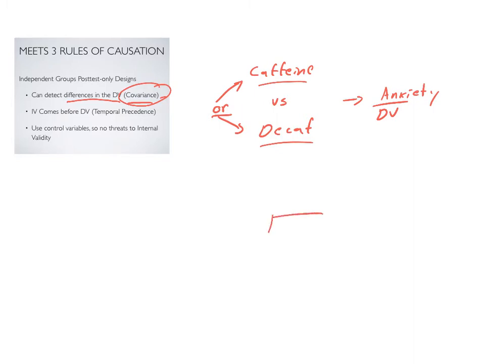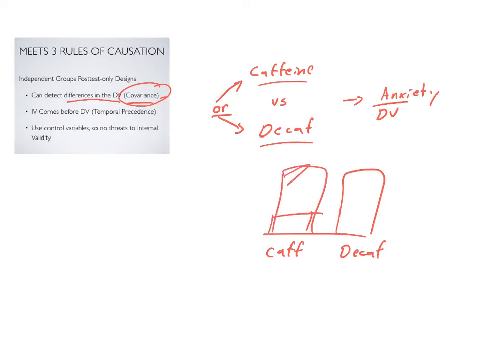So for example, actually I think a visual would help with this. Actually, I would expect the opposite of that. Let me get the eraser. So can I detect whether there's covariance?